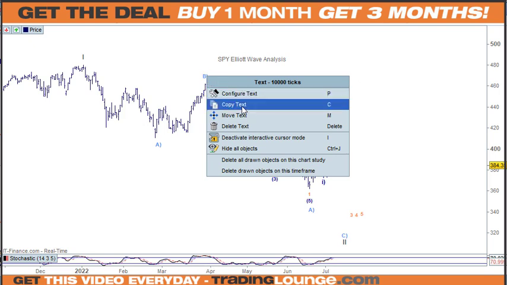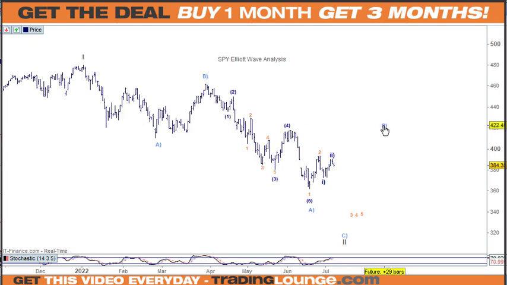I'm just trying not to make things complicated by getting into WXYs and everything, and putting a B wave over here. So in one way or another, we see this market continue to build in a corrective pattern to the upside over here, and then come down into another leg. So we'll have an A, a B and a C wave over here, and then finish in that space. That's the other possibility.